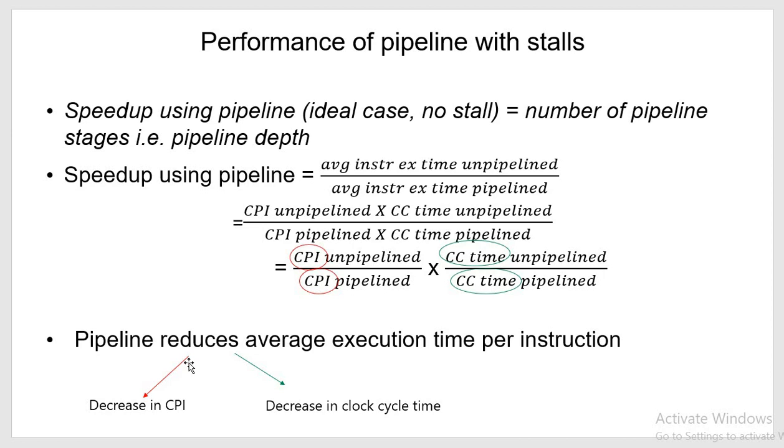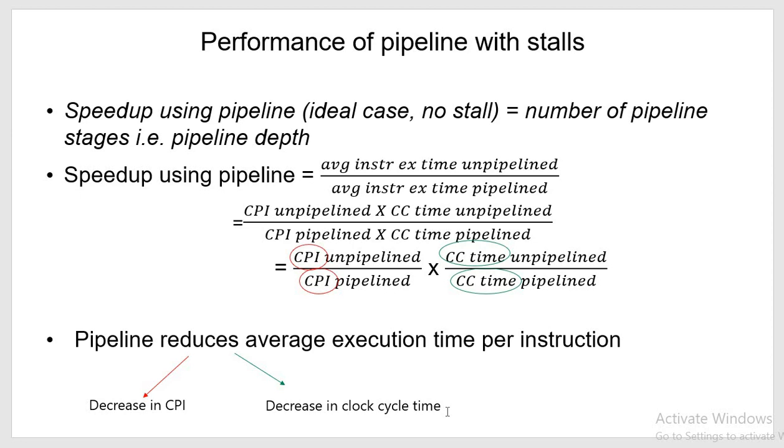As we concluded in the previous lecture as well, the pipeline reduces the average execution time per instruction. This reduction will be due to a decrease in CPI or a decrease in the clock cycle time.